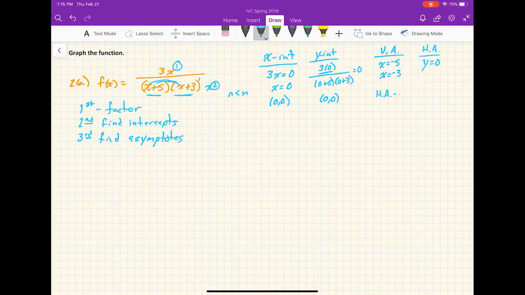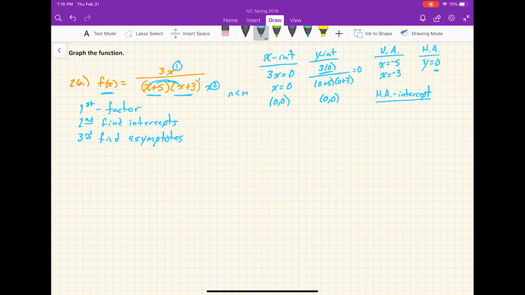And now, since we have a horizontal asymptote, we need to see if there's a horizontal asymptote intercept. The way we do that is, since y is equal to 0, we go back to our original function and set y to 0 and see if we can find a value for x.